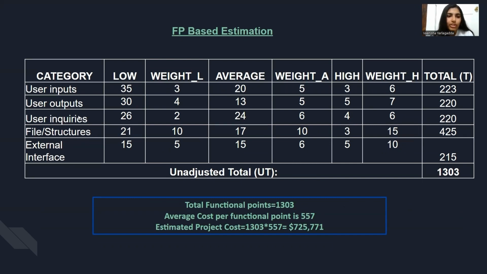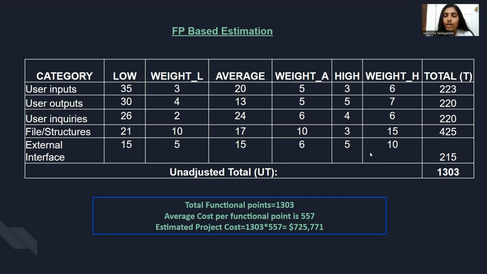Next, coming to the FP based estimation, it is the function point analysis. Like here for each category, like the user inputs, outputs, and everything, we have the associated low and its weight, average and its weight, high and its weight. So the total will be low times its weight plus average times its weight plus high times its weight.